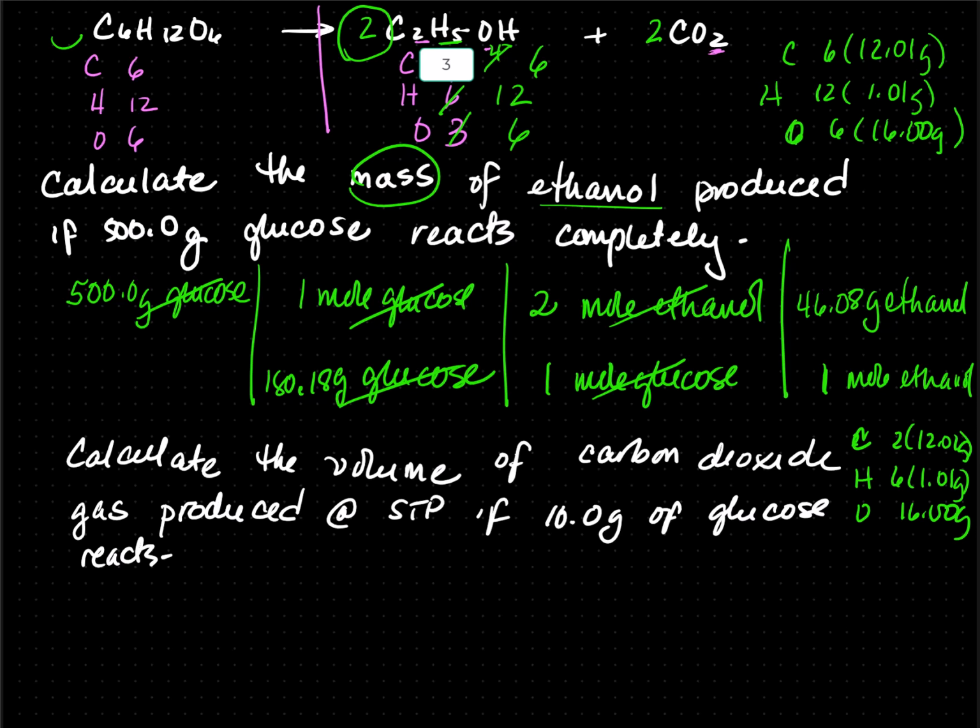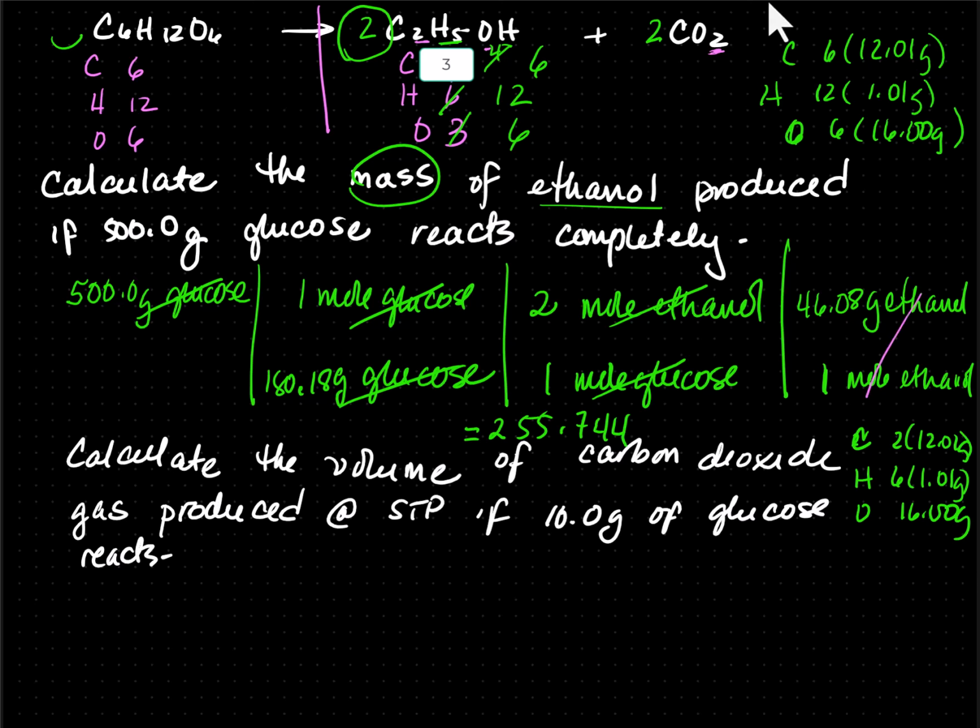So now I'm going to multiply 500 times 1 times 2 times 46.08 divided by 180.18 grams times 1 times 1, which gives me 255.744. Now I need to do sig figs. Conversion factors don't count.